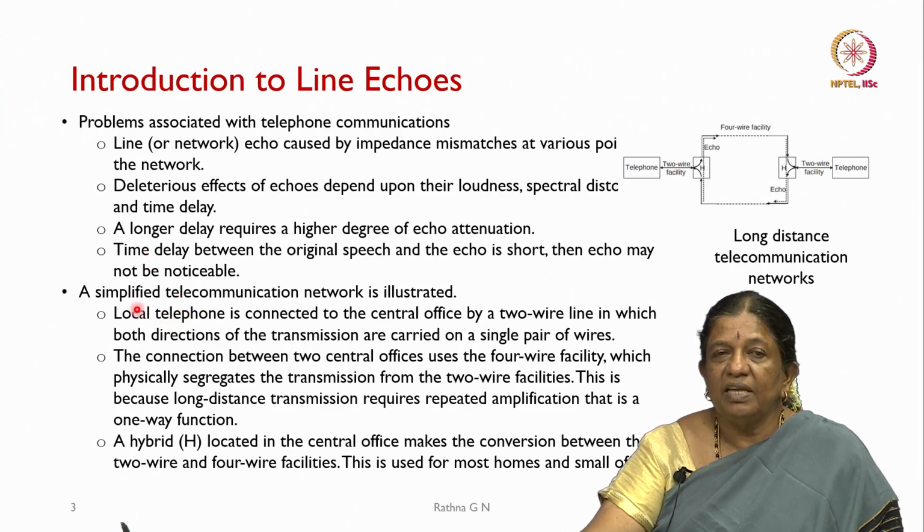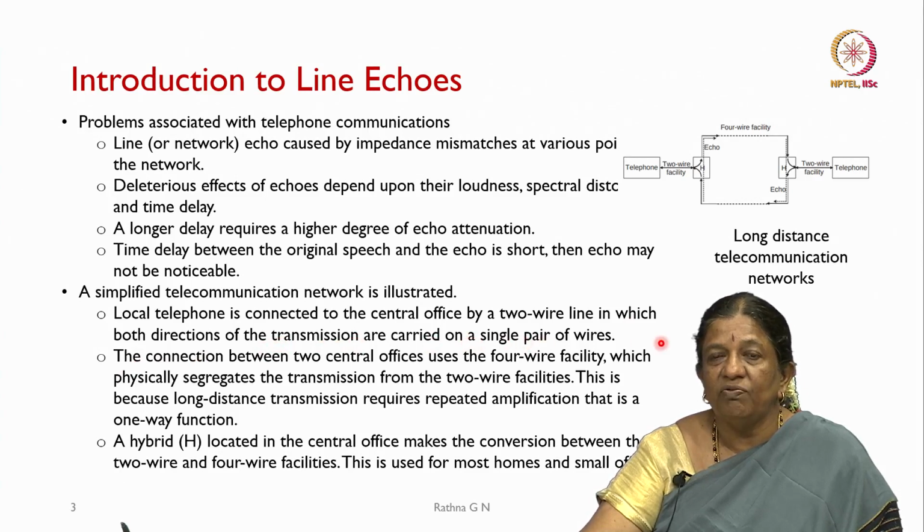This is a simplified telecommunication network being illustrated. The local telephone is connected to the central office by a 2-wire line, in which both directions of transmission are carried on a single pair of wires.